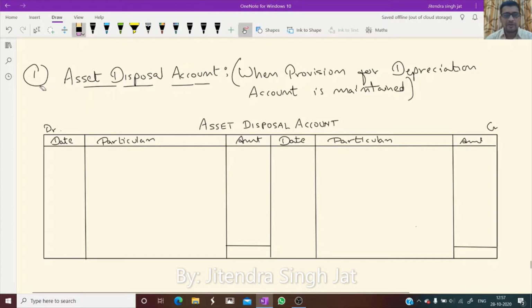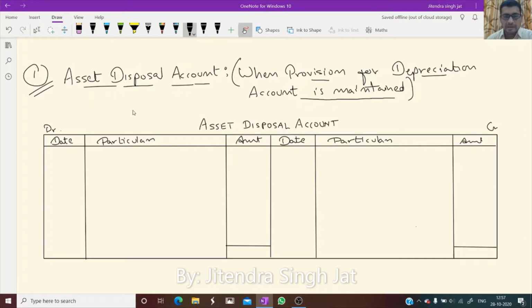Today, the first point which I am going to explain is asset disposal account when provision for depreciation account is maintained. It means when we prepare provision for depreciation account, how do we prepare asset disposal account? So let's start, children.